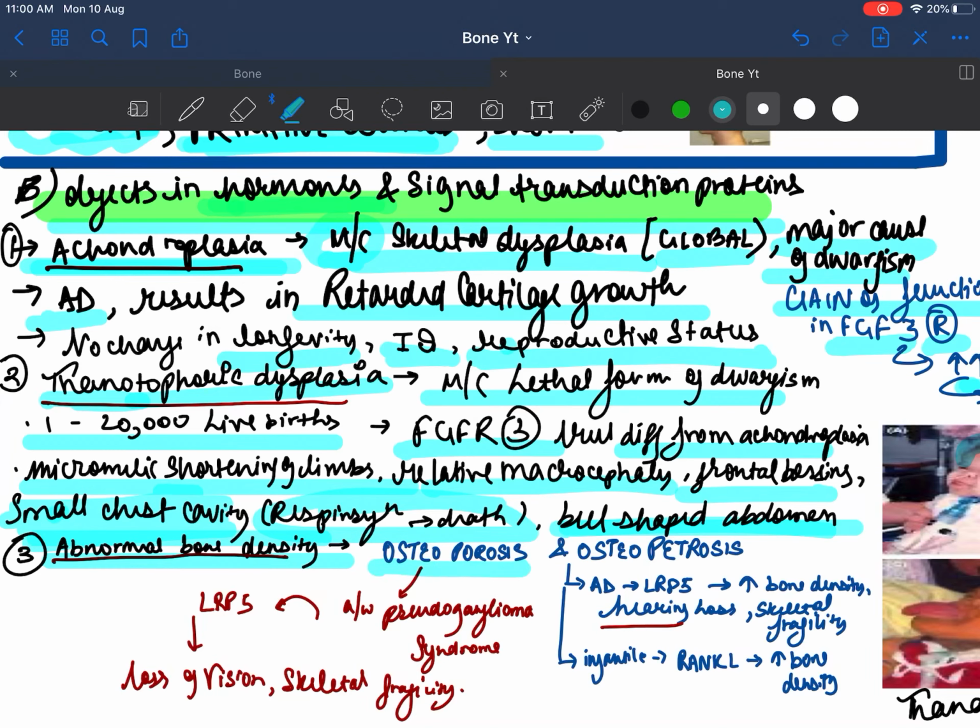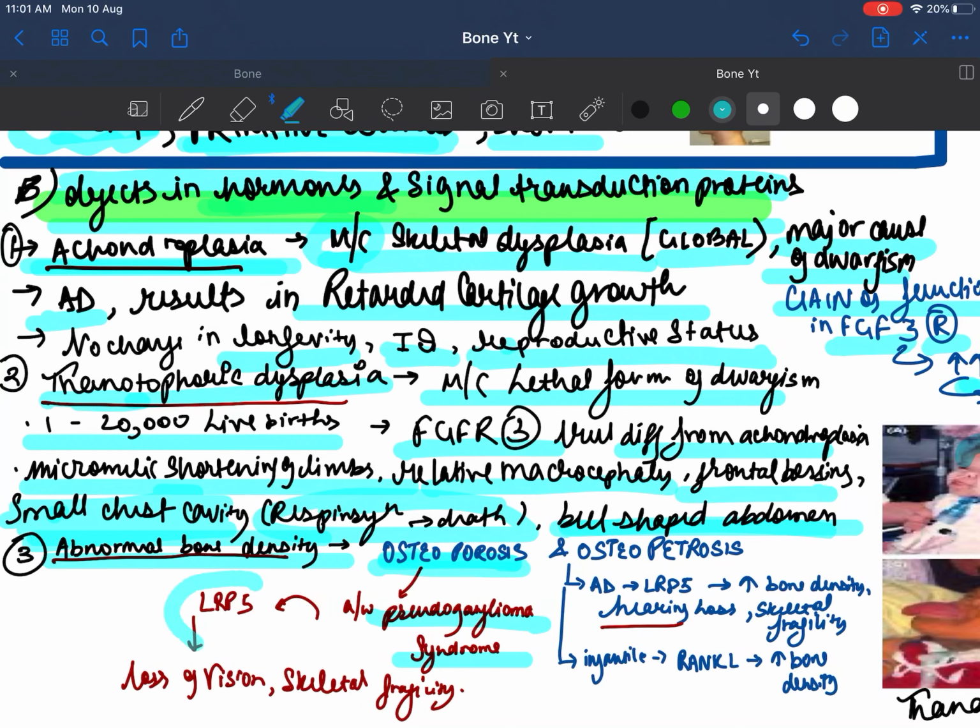But when we are dealing with defects in hormone and signal transduction, this osteoporosis is actually associated with pseudoglioma syndrome. This is not the osteoporosis which we typically have due to hyperparathyroidism. This is a very characteristic osteoporosis which is in association with pseudoglioma syndrome.